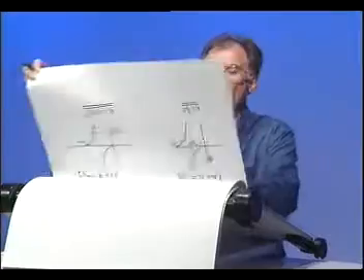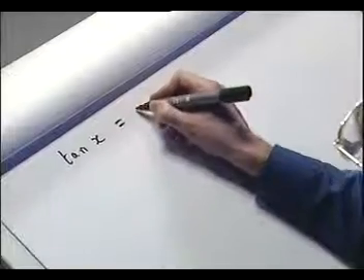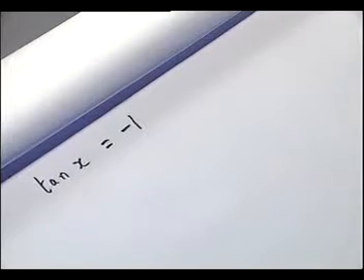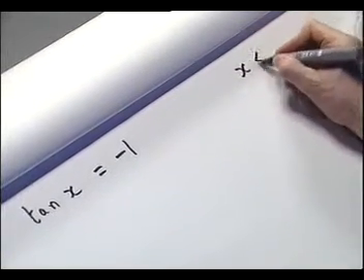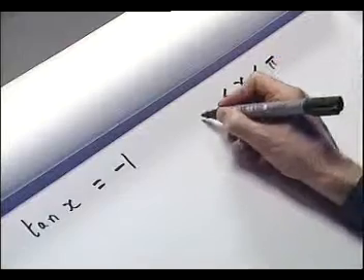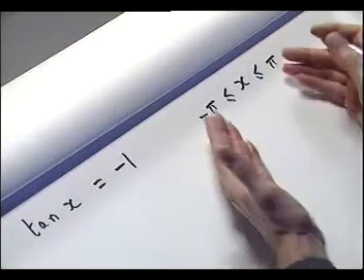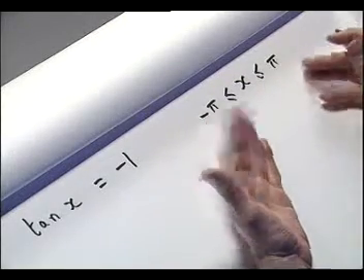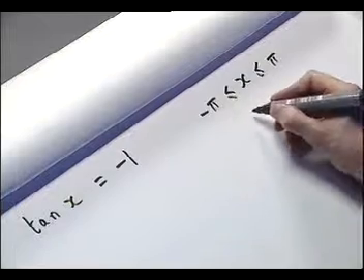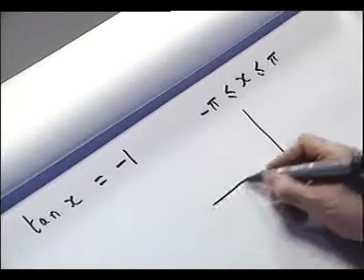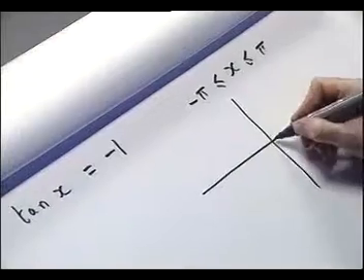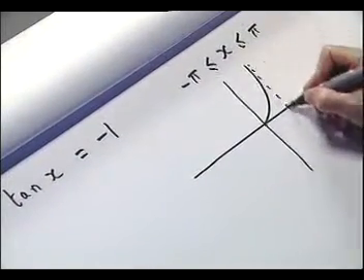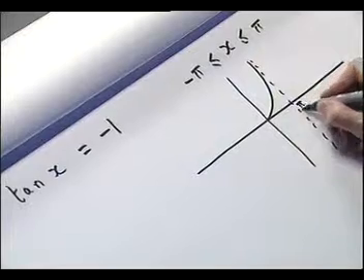And let's just have a look at one or two examples where, in fact, the range of values that we've got is in radians. So if we take tan x is minus 1, and we take x to be between plus or minus pi. Another way of looking at that would be, if we were in degrees, it would be between plus and minus 180. Let's sketch the graph of tangent within that range. Up to there, that's pi by 2.